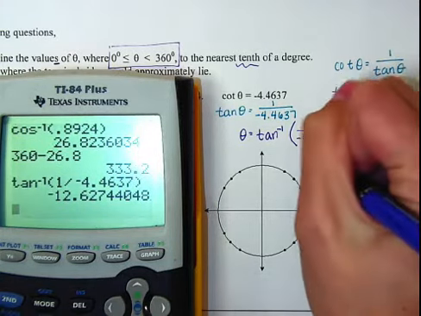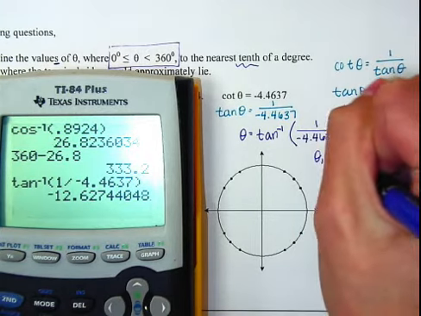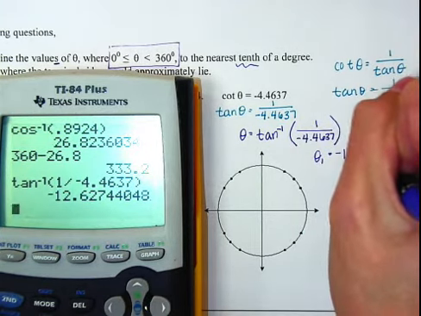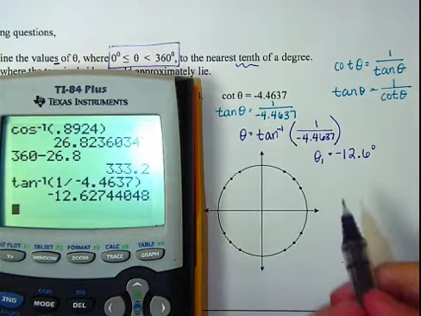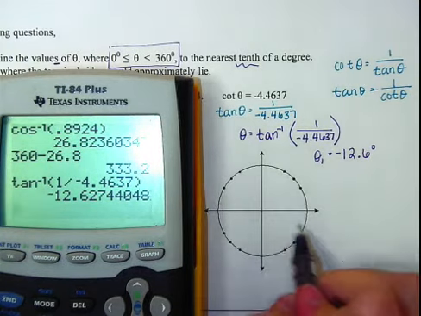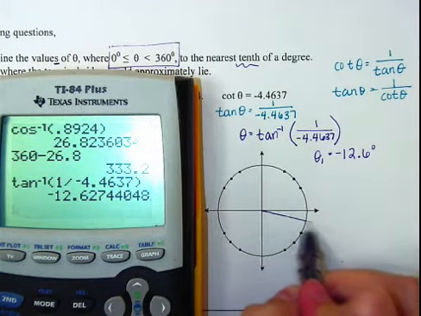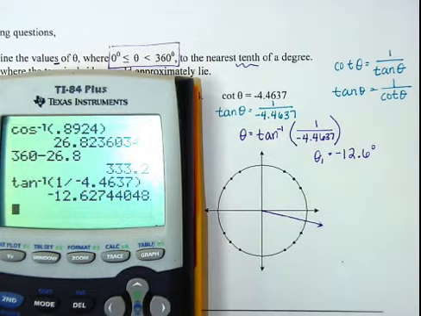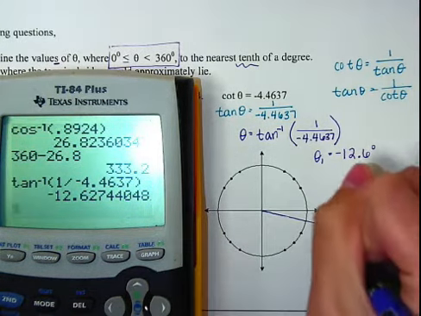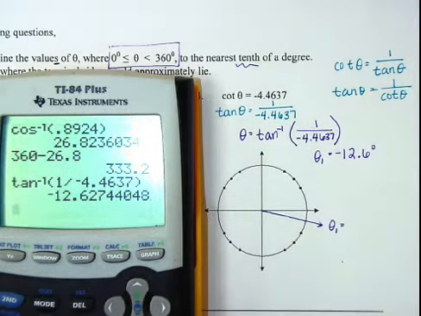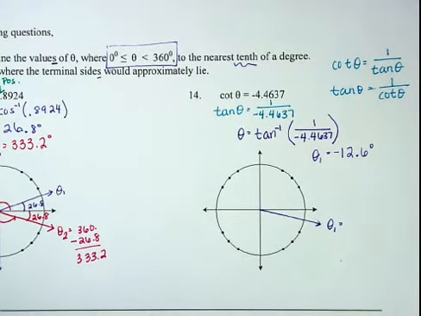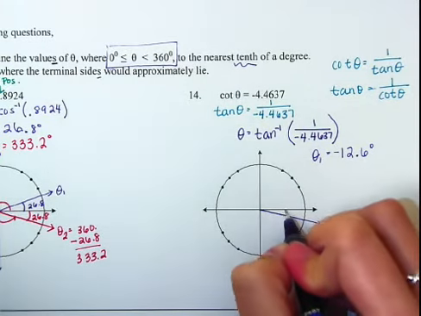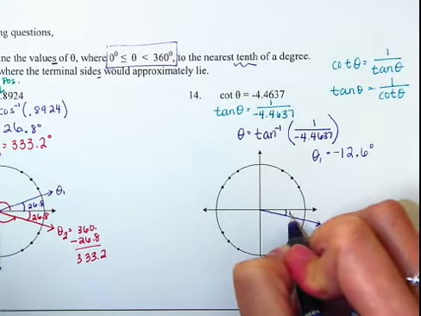They give me a theta of negative 12.6 degrees. Now, I always say, what's wrong with this? It's negative. I can't have negative theta. So first, let's figure out where negative 12.6 degrees is. It's in the fourth quadrant, not quite to that first dot yet. So if I want positive degrees, I know that this distance is 12.6.